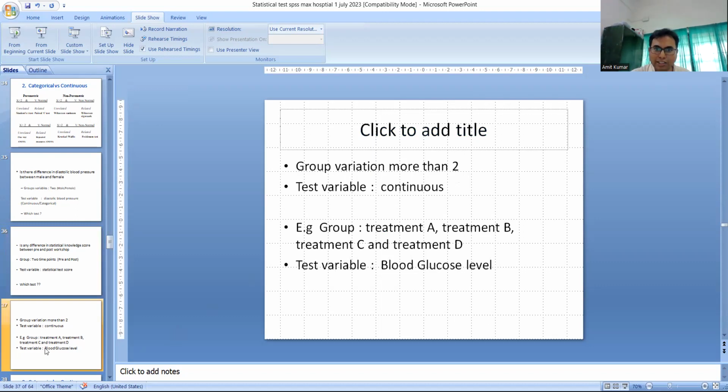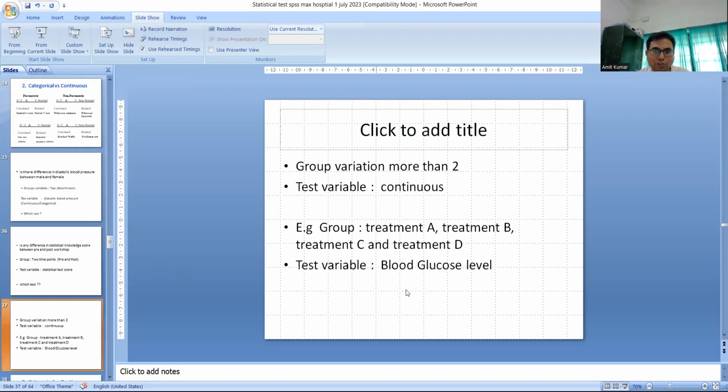Now suppose we have more than 2 groups and the test variable is continuous in nature, like treatment A, treatment B, treatment C, treatment D, and we want to know the difference in blood glucose level in all these 4 treatment groups. What test will we apply in this case? One-way ANOVA. ANOVA has many names: one-way ANOVA, 2-way ANOVA, factorial ANOVA. So the ideal name is one-way ANOVA that we should use.